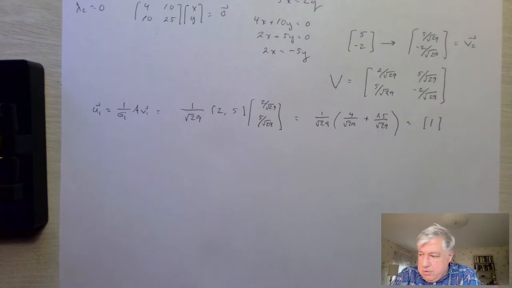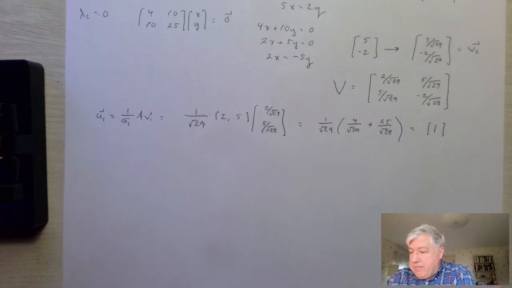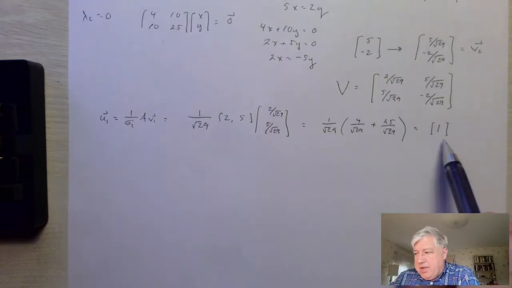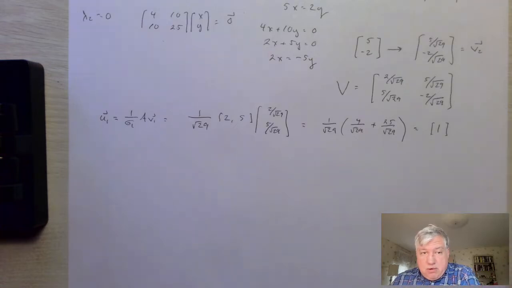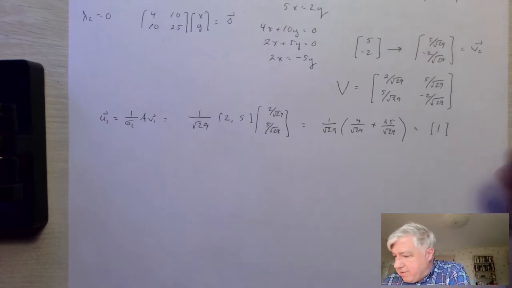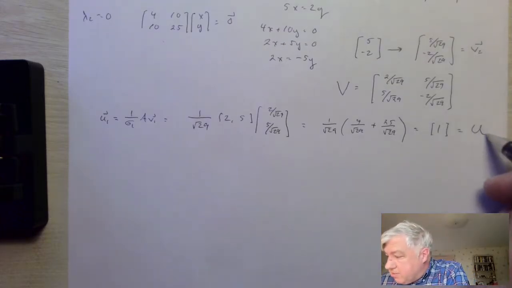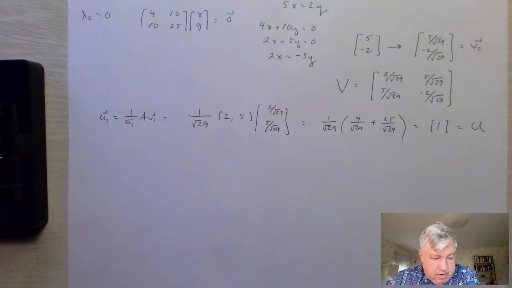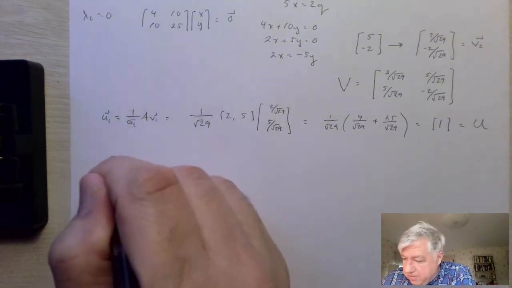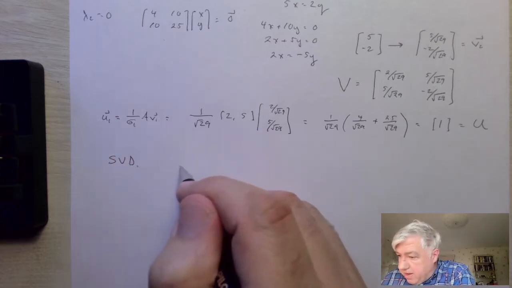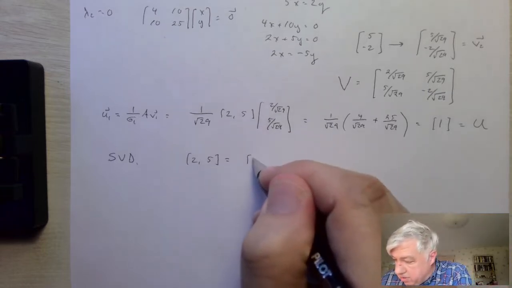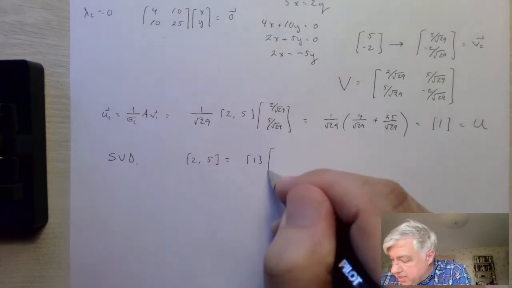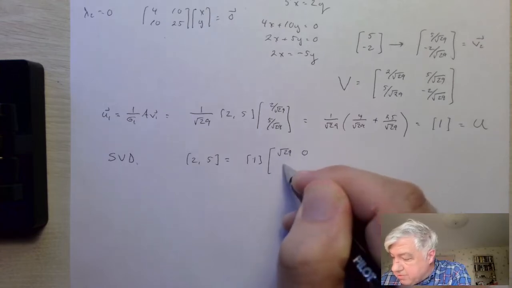Okay, so that's U1, and this is obviously a unit vector in R1, so this whole thing will be an orthogonal basis of R1. So we can say this is U1, and this will also be just the orthogonal matrix U. Okay, so the singular value decomposition of A, which is 2, 5, is the 1-by-1 matrix 1, and then sigma is going to be the square root of 29, 0, 0, 0.